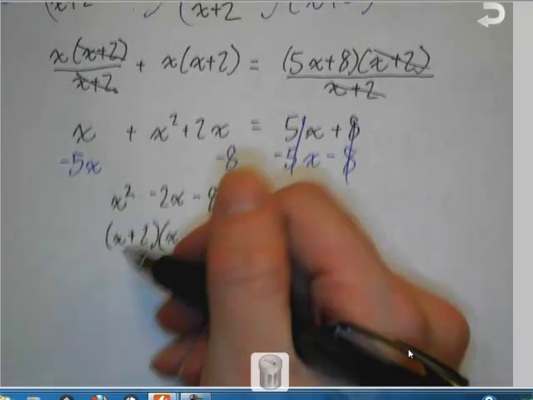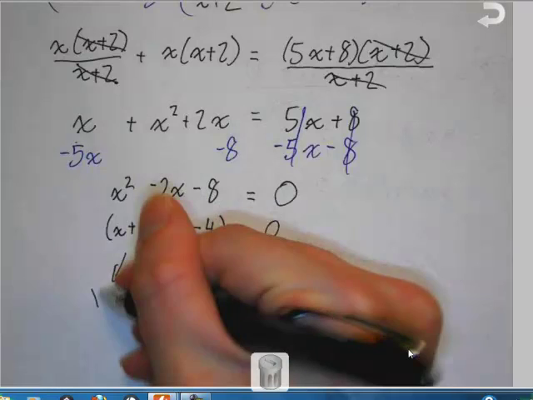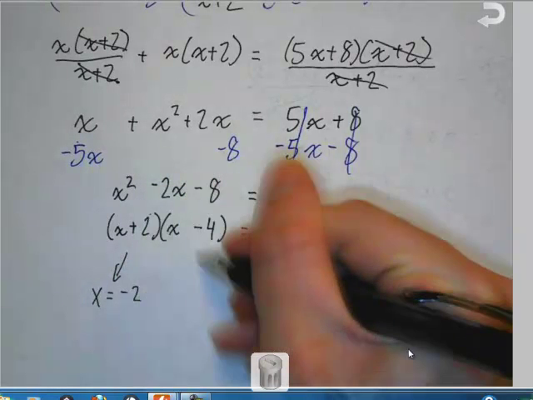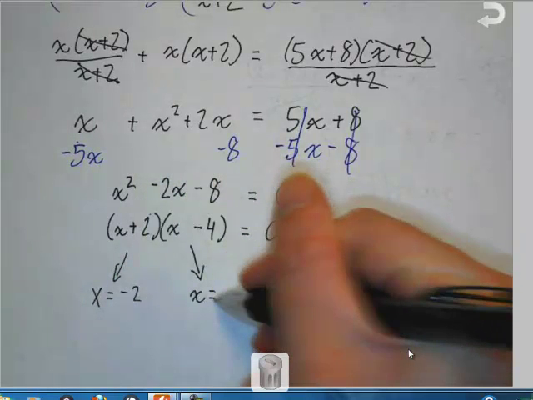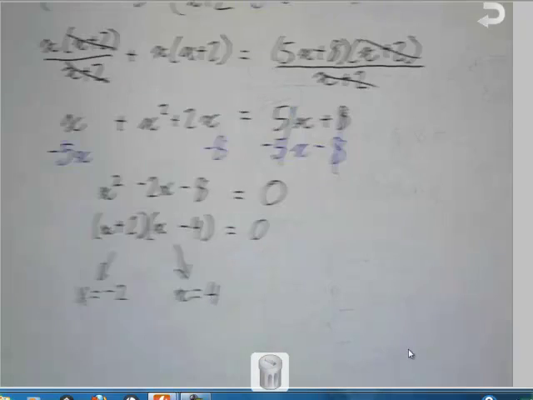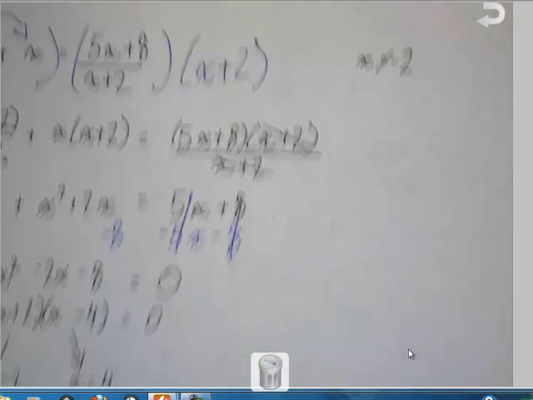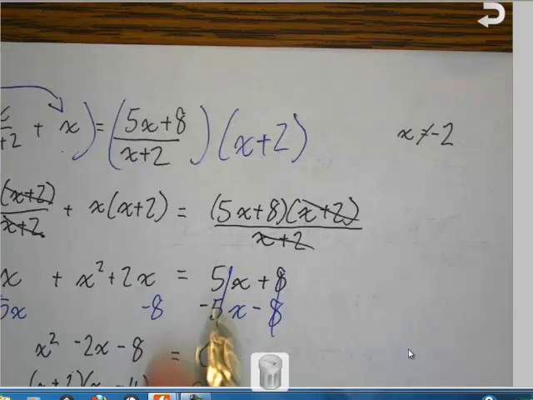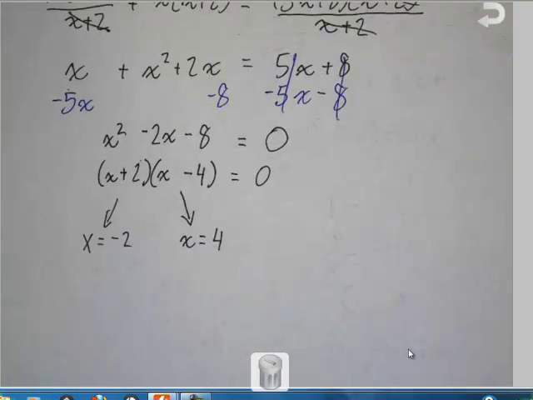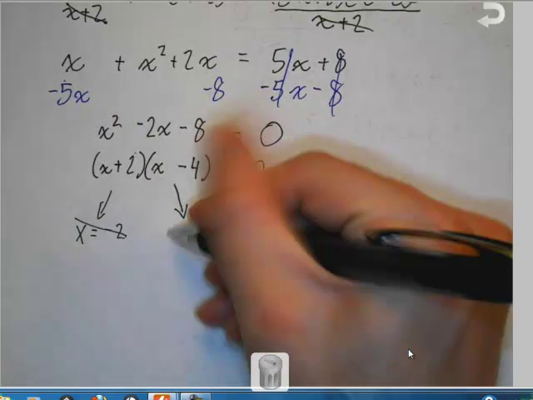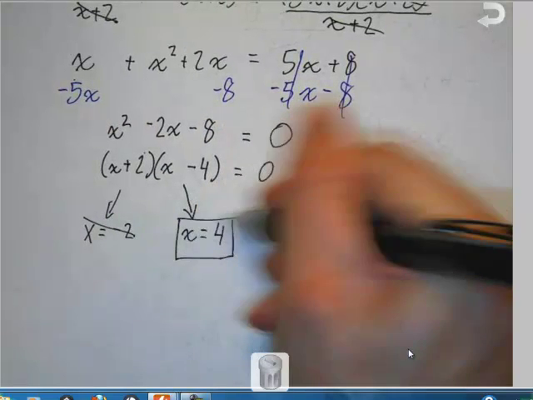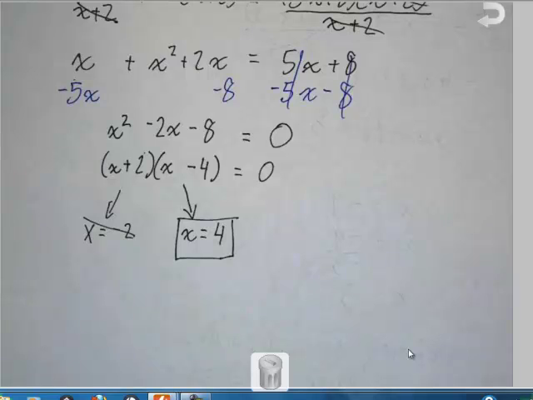That tells you then that the zeros are x equal to negative 2 and x equal to positive 4. However, as we established earlier by looking at our domain, because having a negative 2 would result in division by 0, we eliminate it from consideration. So the only feasible option is that x is equal to 4. And so that was actually pretty tricky. And that concludes the second part.